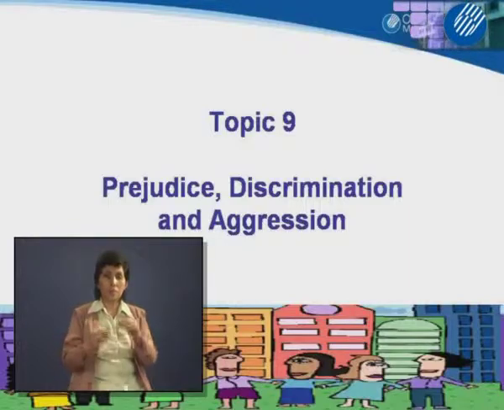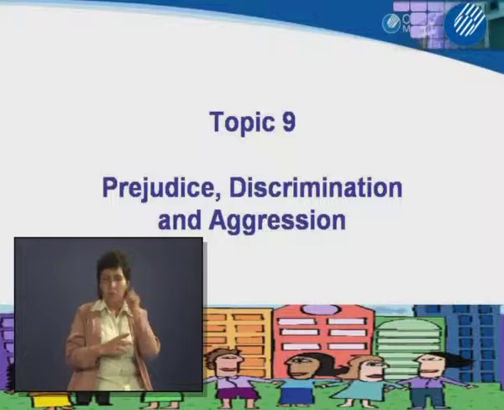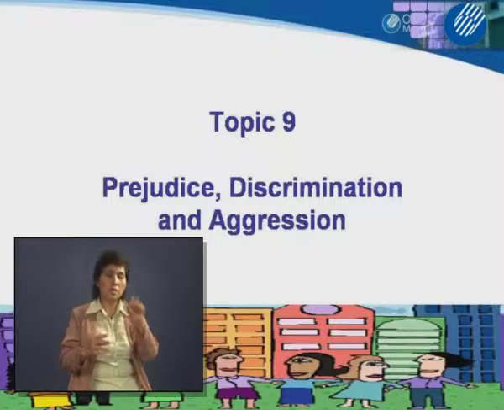Now to start with, we start with topic 9, which is prejudice, discrimination and also aggression. Here are some examples that we can reflect on before we begin with this topic. In the American election, there were 2 candidates, Obama and Hillary Clinton.